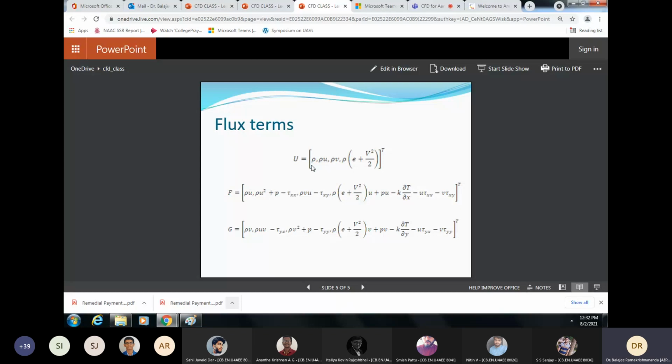Although A1 is a solution and A2 is a solution, their sum need not be a solution if the PDE is non-linear. Now, the PDEs are not only non-linear, they are also coupled with each other.